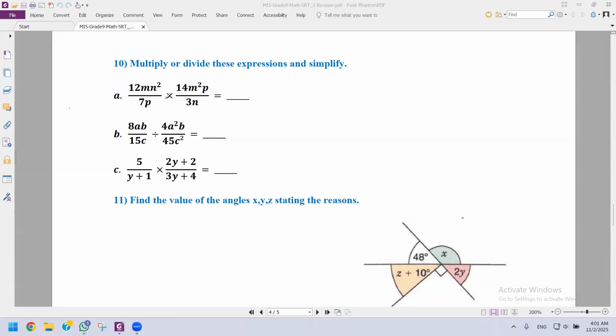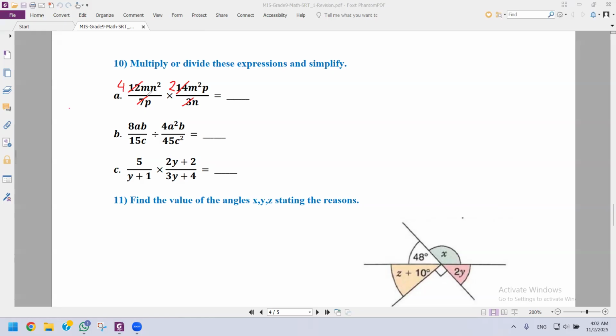So for example, let's pick 14 and 7. Both of them can be divided by 7. 7 divided by 7, 1. 14 divided by 7 is 2. Then 12 and 3. 3 divided by 3, 1. 12 divided by 3 is 4.